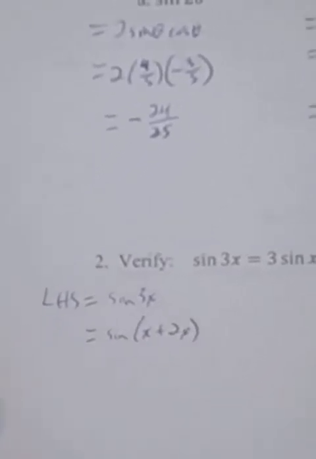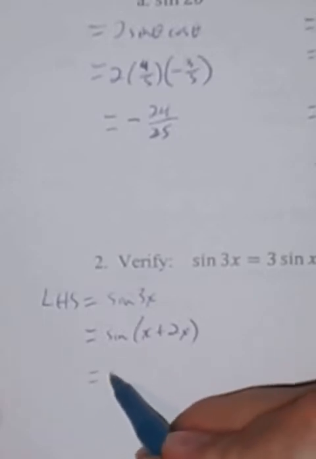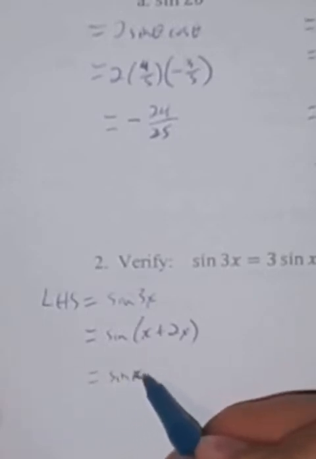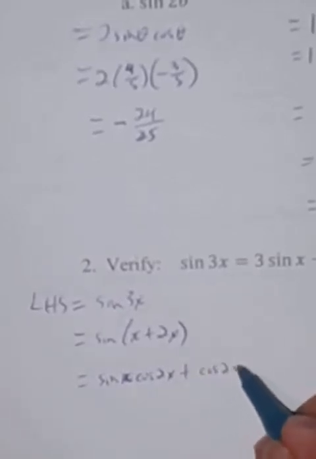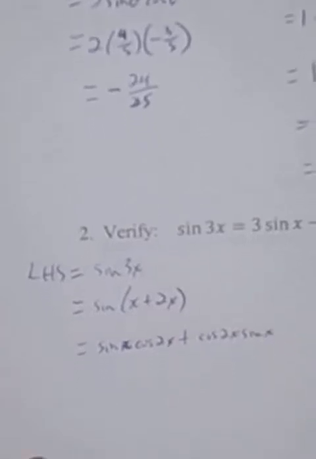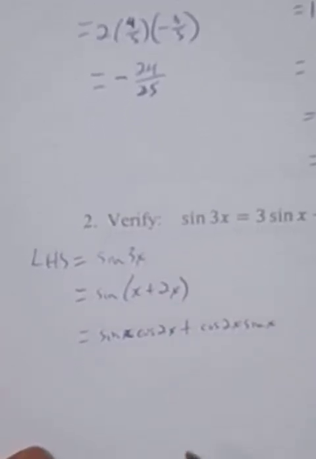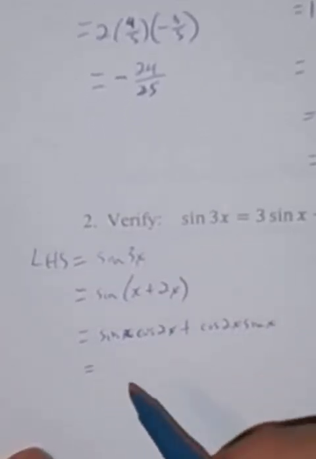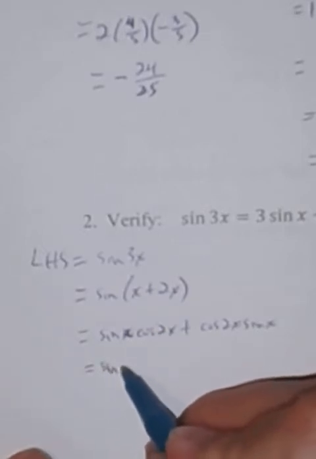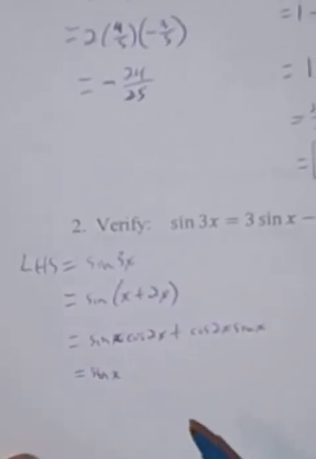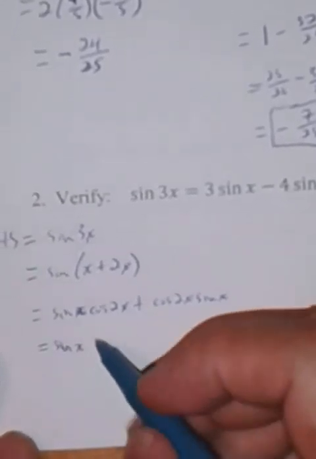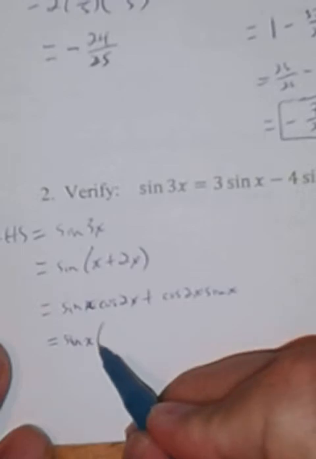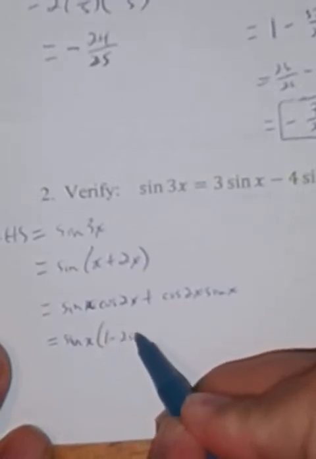Would you guys agree? That'll be sine x cosine 2x plus cosine x sine 2x. Now, notice I have sine cubed x, so I'm going to say cosine 2x is 1 minus 2 sine squared x.